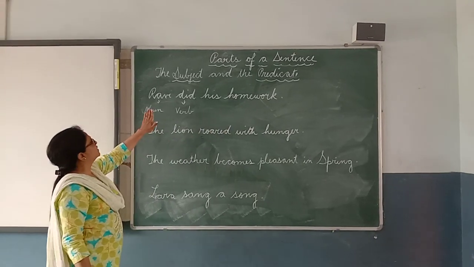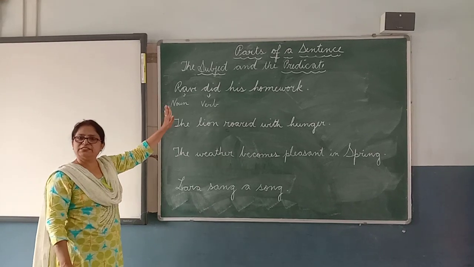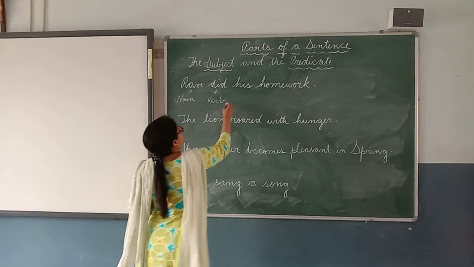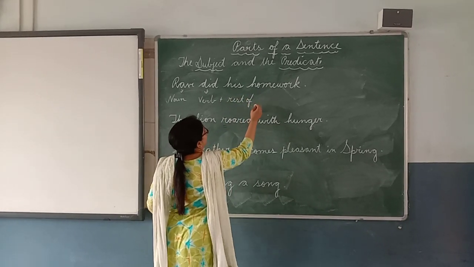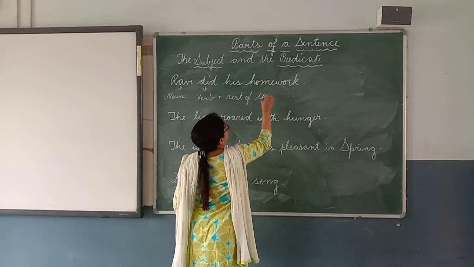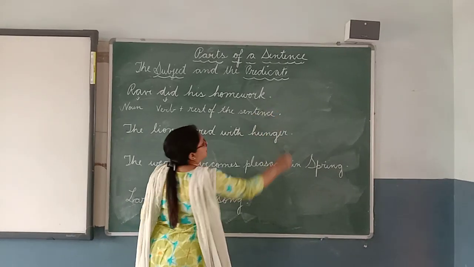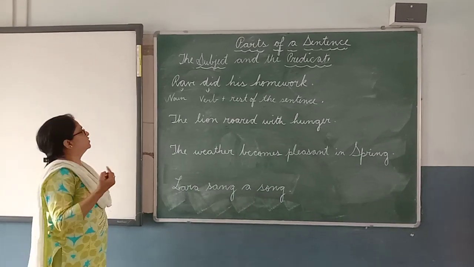So Ravi is the doer of the action. So Ravi is the subject. And verb plus rest of the sentence, that is his homework, is the predicate.